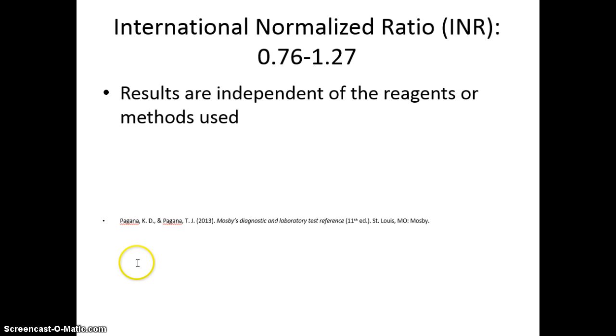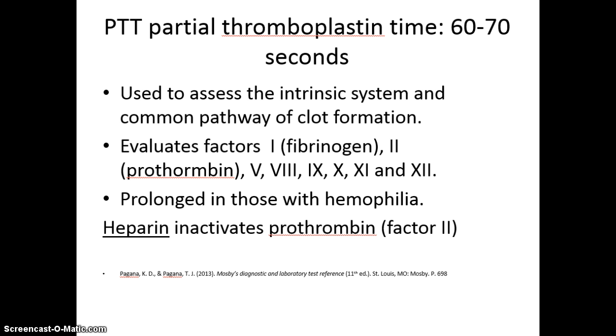When we look at the INR, again, our results are independent of the reagents or methods used, so that's a number that when I worked in the clinic, we would get an INR. The doctor would look at that and make determinations on medication dosages if it needed to be changed for your patient on Coumadin.